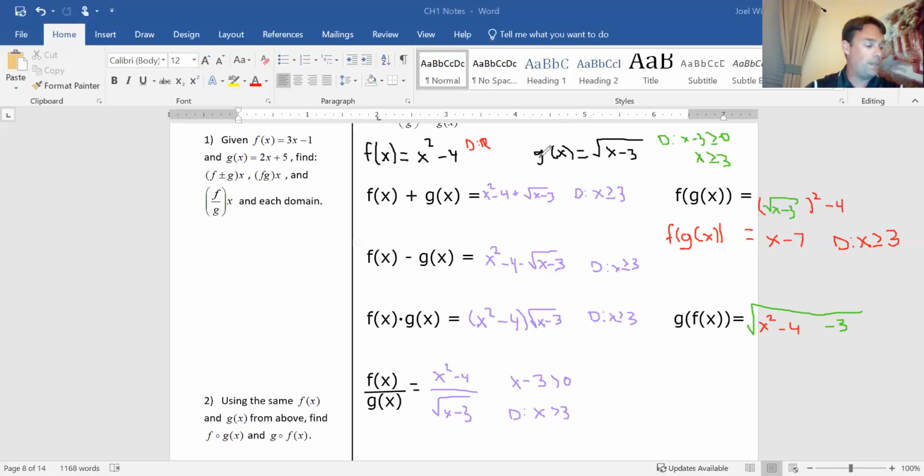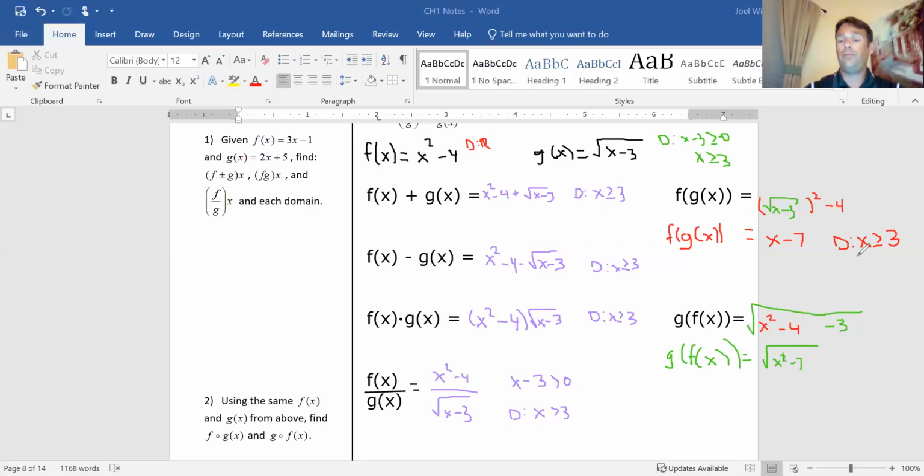That means my g of f of x function would be the square root of x squared minus 7.